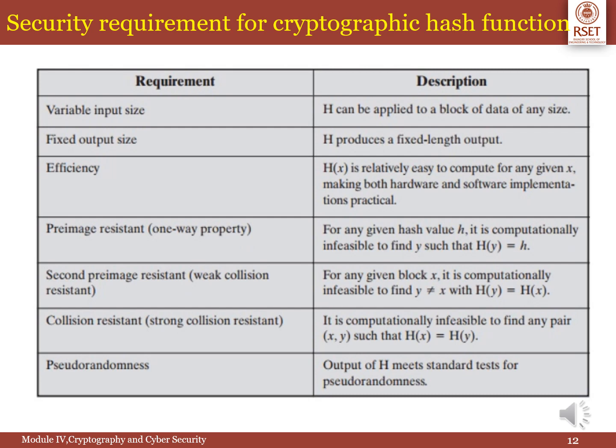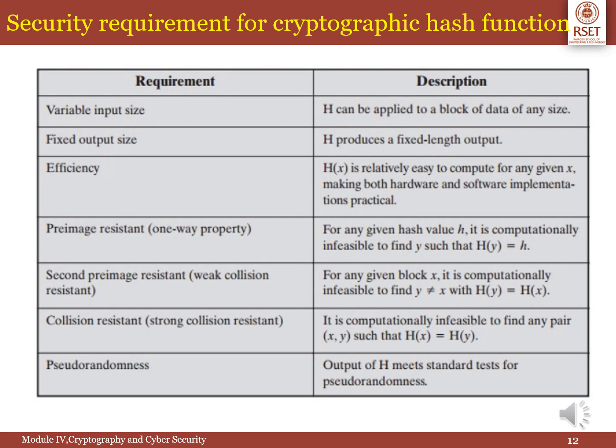The fifth one is weak collision resistance, and it says that for any given block x, it is computationally infeasible to find another block y, where y is not equal to x and H of x is equal to H of y.